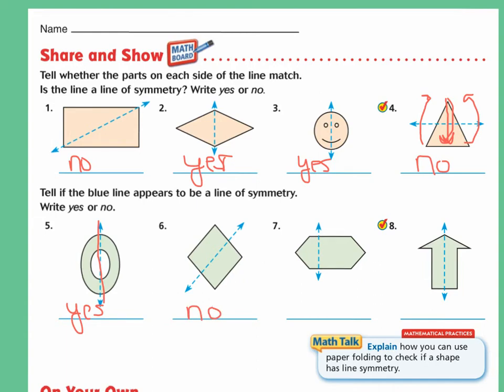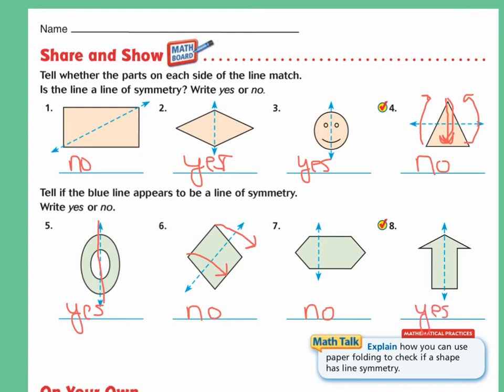Because again, the angle measures, them not being right angles, creates that slant. And if I were to fold this over and then this over, they would not match exactly. So they would be a little bit off. There would be a little extra hanging over. Number 7, obviously a no. And number 8, yep, that would be a line of symmetry.